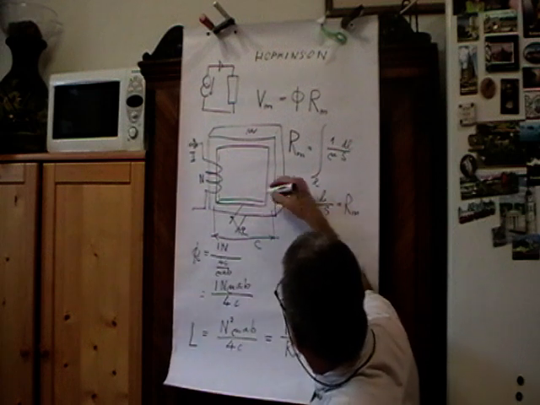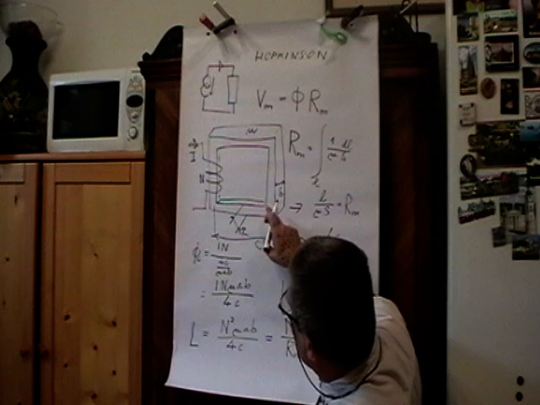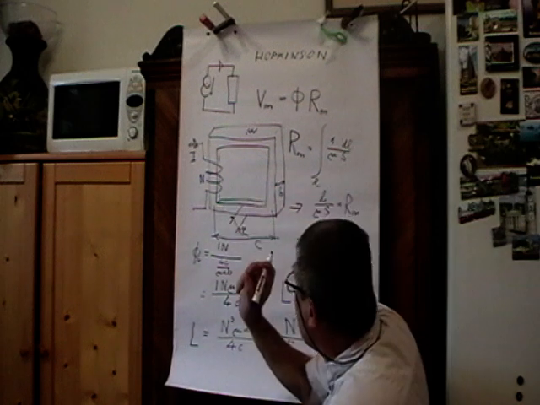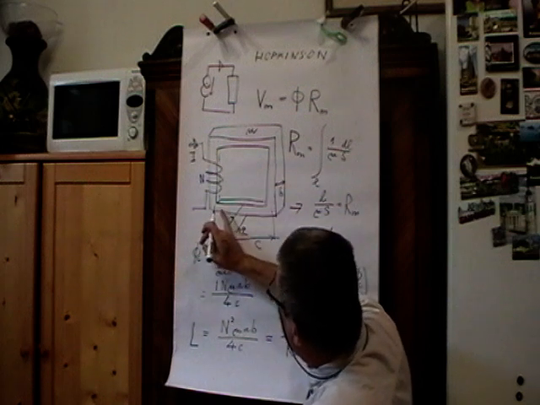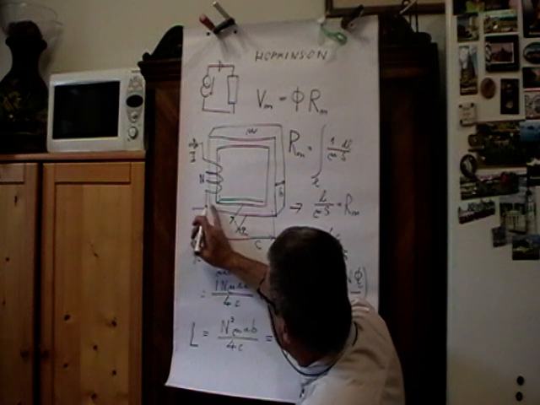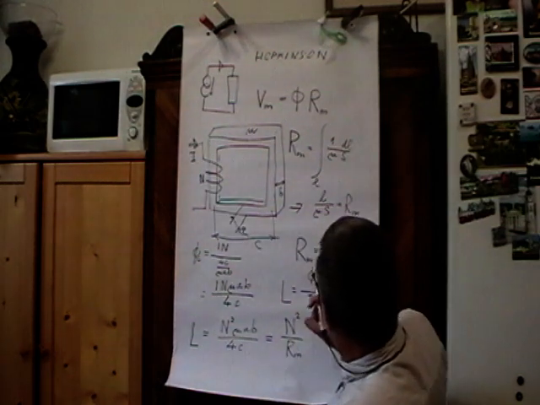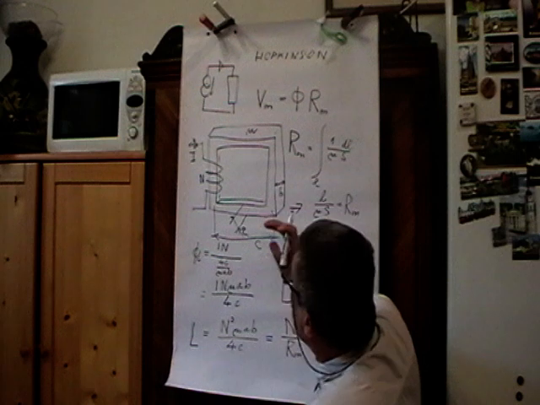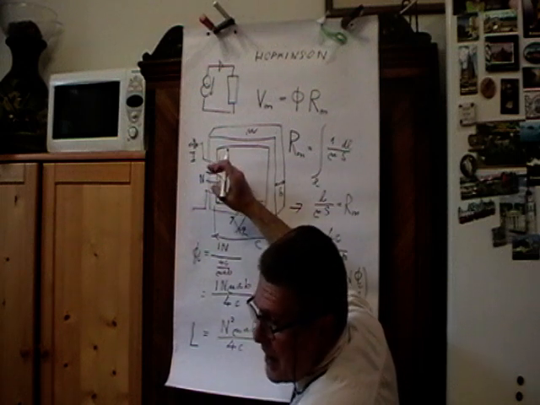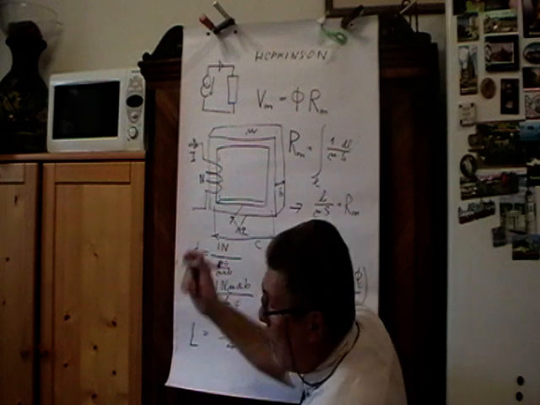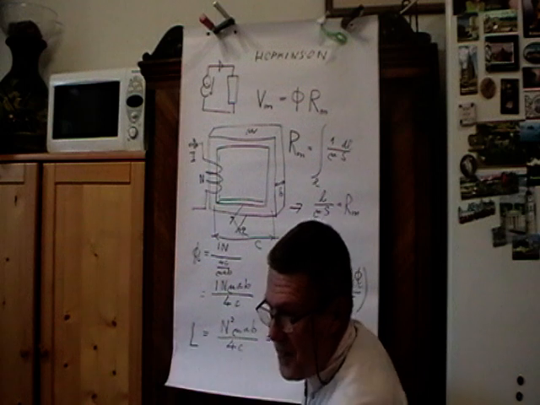You have the same flux at any point of the core, any cross section. But now you have n turns, and the flux in the core times the number of turns makes the flux through the inductor, because it counts each time it passes through a loop. Okay, yeah, I understand.